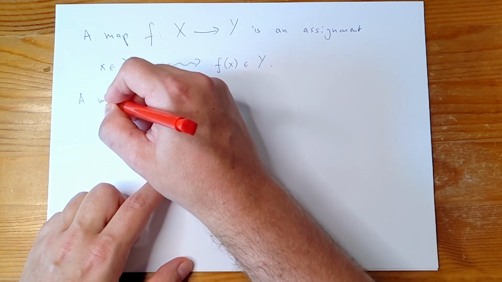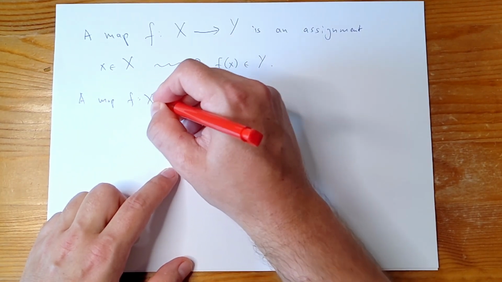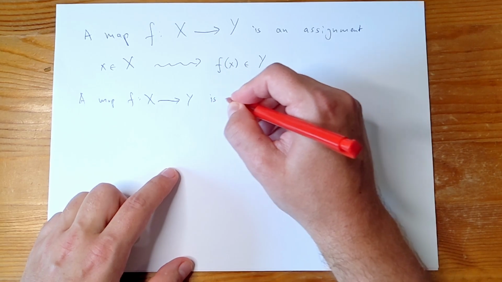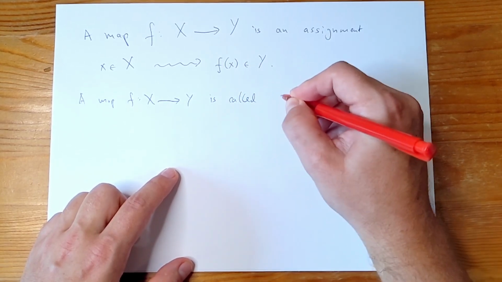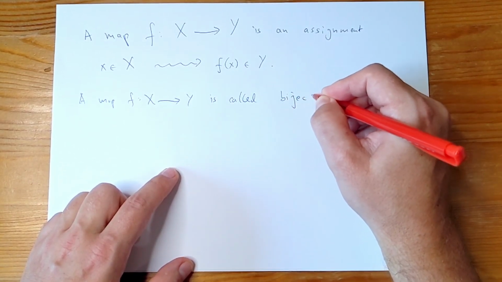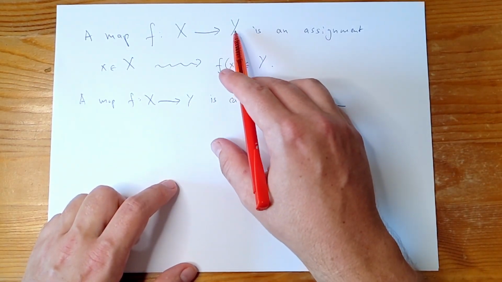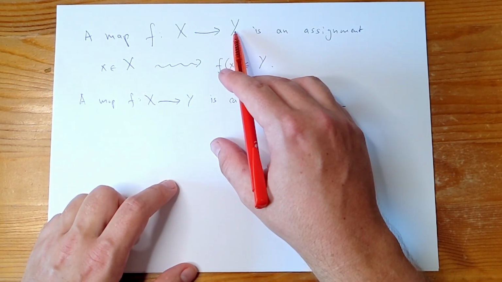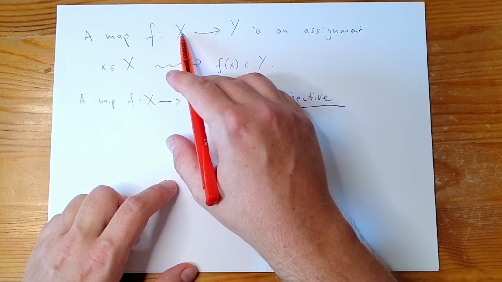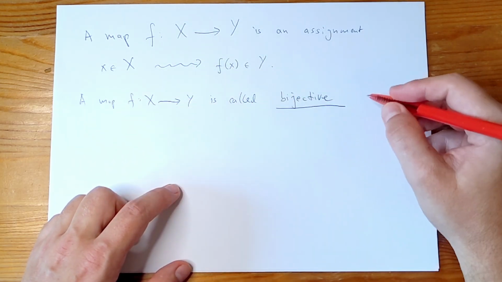So a map is called bijective when every element of Y is hit by exactly one element in X. So what do I mean by this?